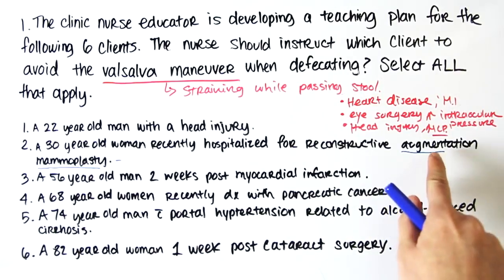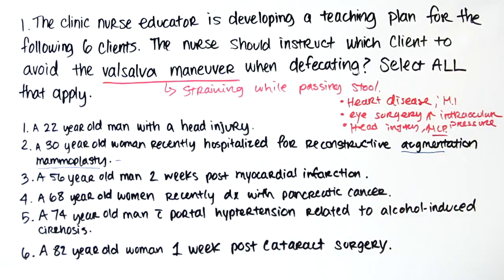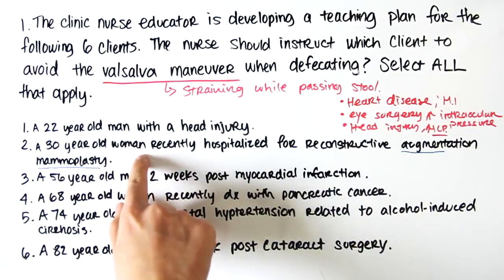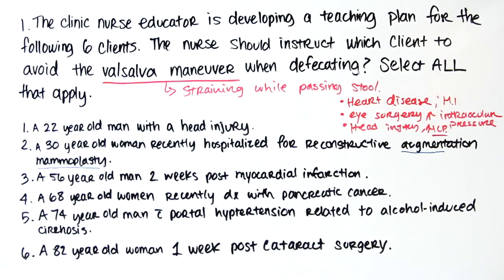So basically it is to enlarge or enhance the size or shape of the breast tissue. Would this pose a risk factor if the patient did the Valsalva? And no, it wouldn't. This would actually be eliminated. The only thing that you would want this patient to avoid would be any extraneous activities after this procedure.